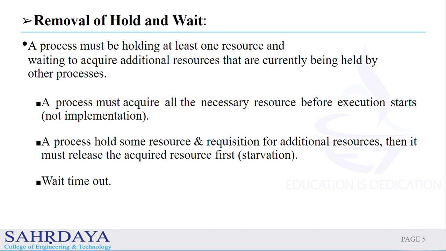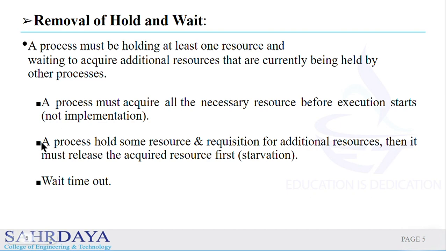Because at the start, the process needs to acquire all the resources it needs for its execution, but it is almost impossible to know how many resources the process will need to complete its execution. So practically this approach is not feasible.